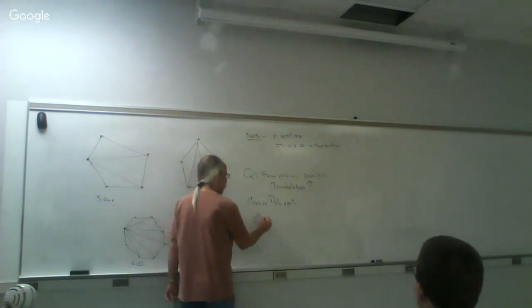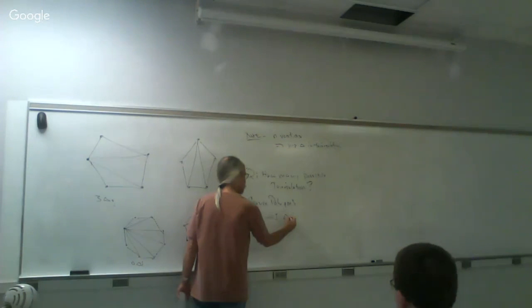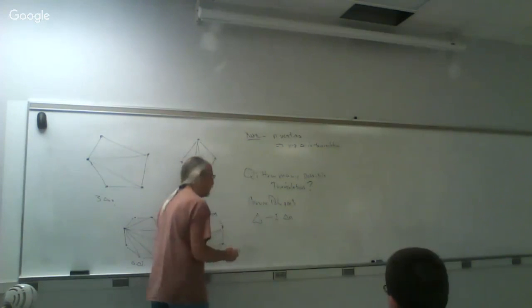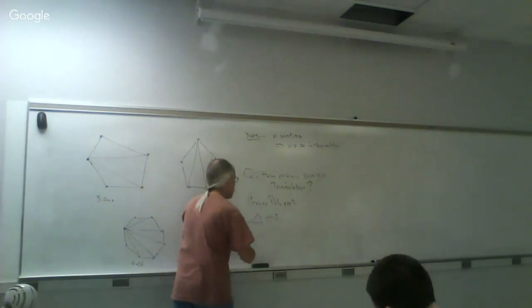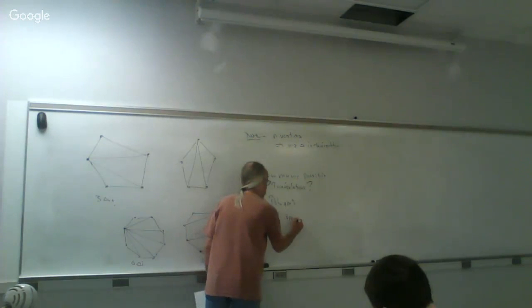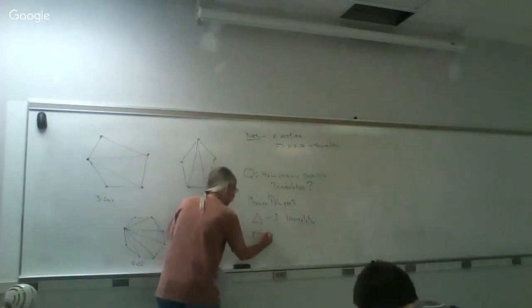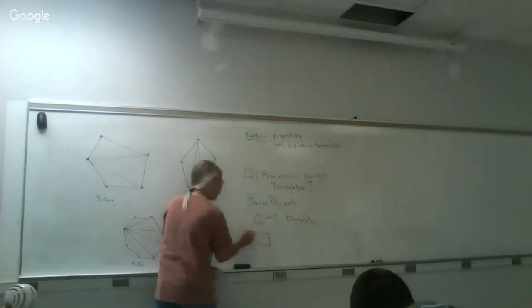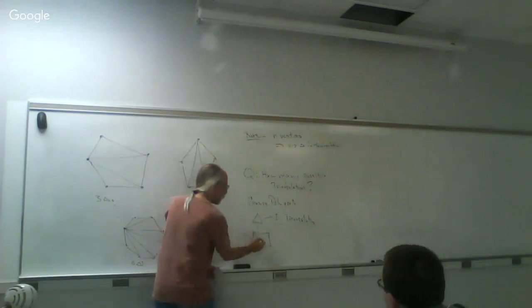For a triangle, there's one triangulation. How do you say triangulation in symbols? How about triangulation like that? If I look at something that's got 4 sides, I can triangulate like that, or I can triangulate like that.